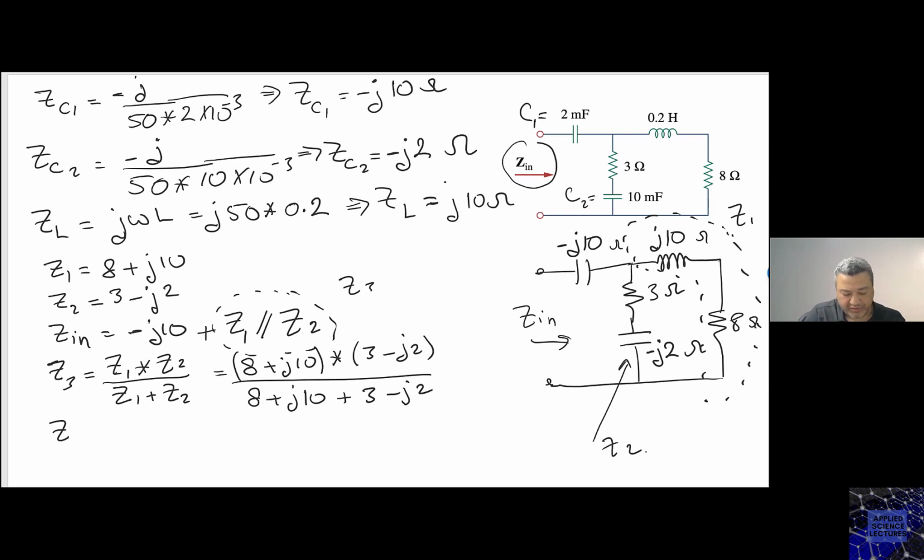So Z3 is, the top ones in the numerator, we will convert into polar format because it's easier to divide. 8 plus 3 is 11. j10 minus j2 is plus j8.